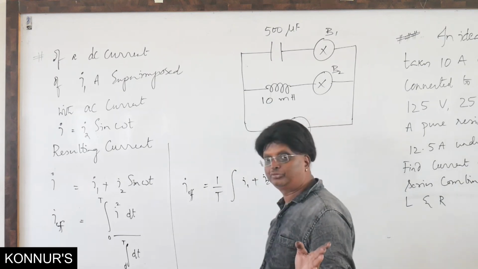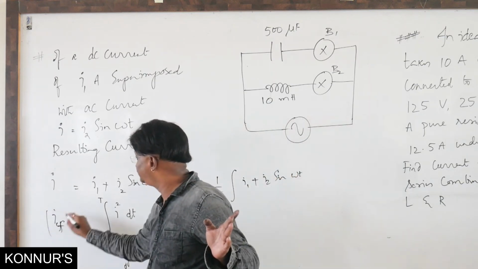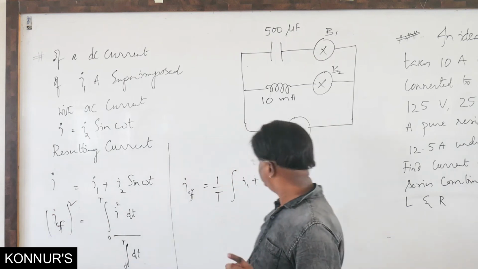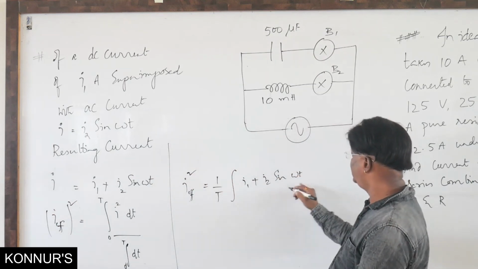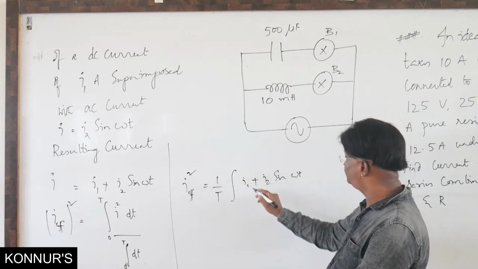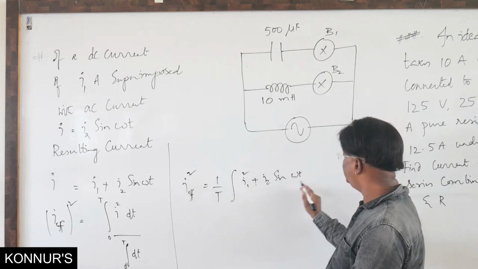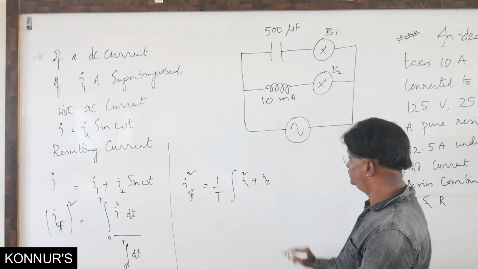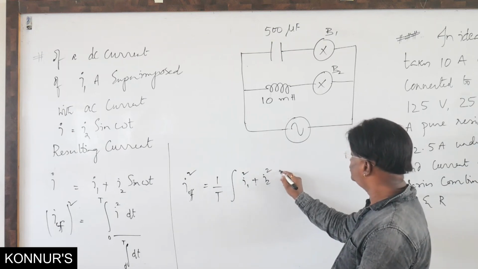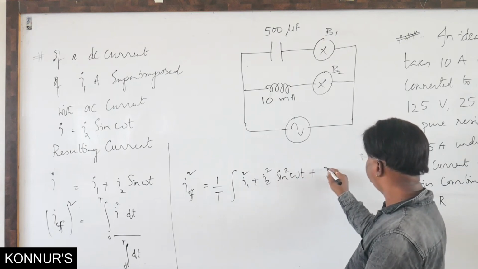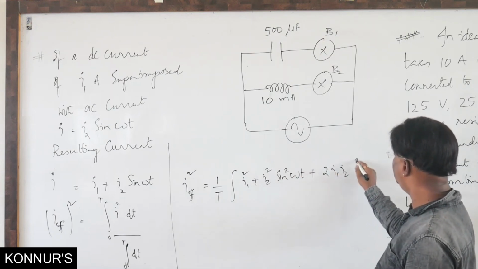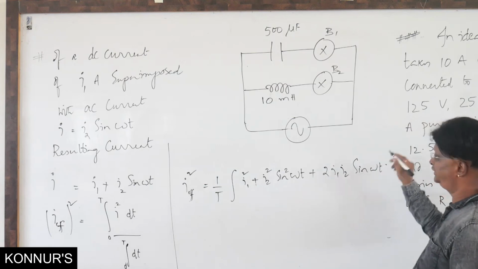This is I effective squared value, so I effective squared is the integral of I1 plus I2 sine omega t whole square, which will give you I1 squared, next I2 squared sine square omega t, plus 2 I1 I2 sine omega t, right?